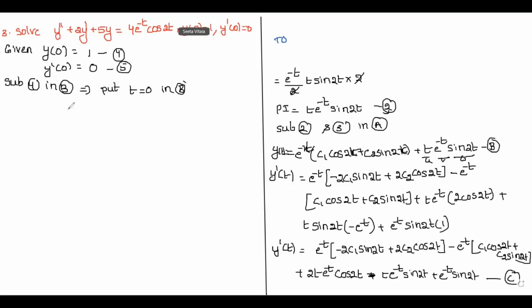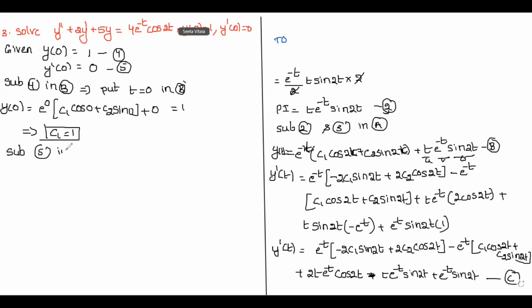So y of 0 is equal to e power 0 into c1 cos 0 plus c2 sin 0, plus 0. All the terms here become 0 and it is equal to 1. So this implies, since e power 0 is equal to 1, c1 is equal to 1. So we obtain the constant c1 here.